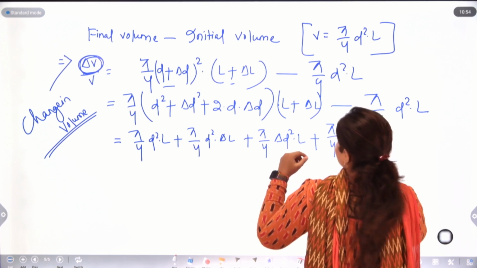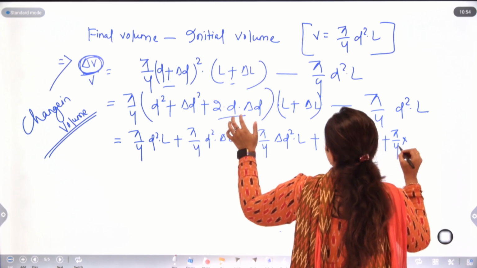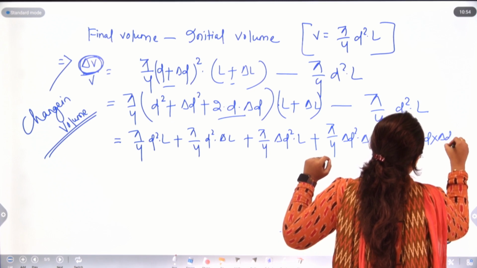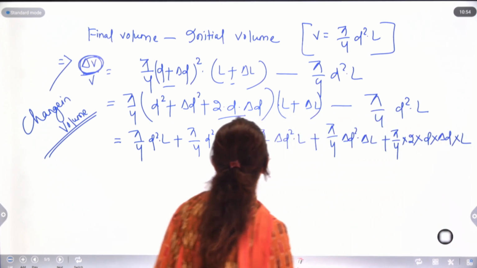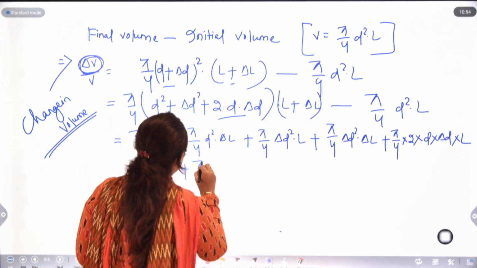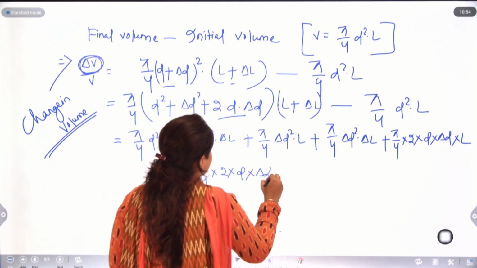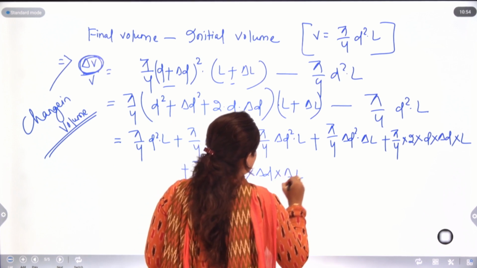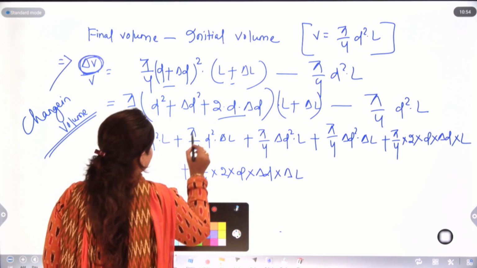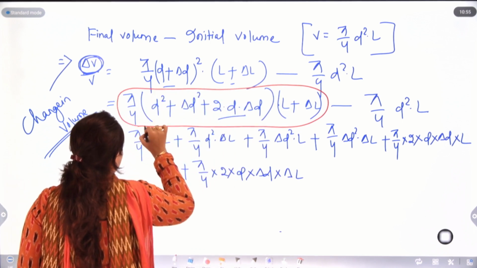Now plus pi by 4 into, with this term, 2 into D into del D into L, plus pi by 4 into 2 into D into del D into del L. Now till now we have calculated only this part, right?